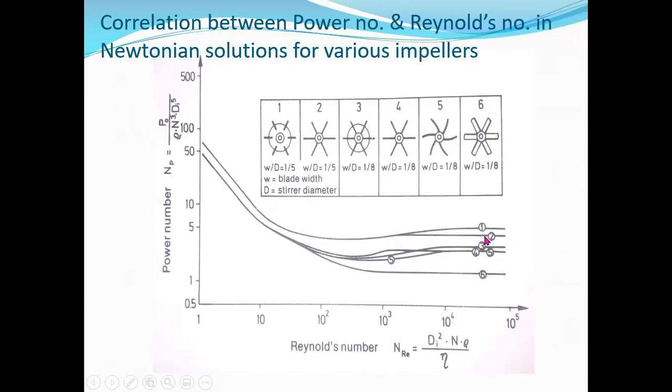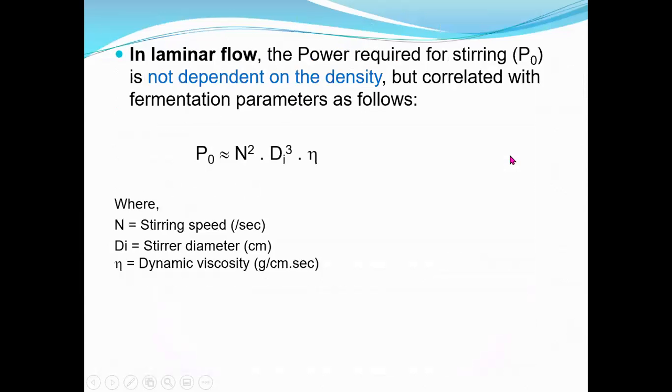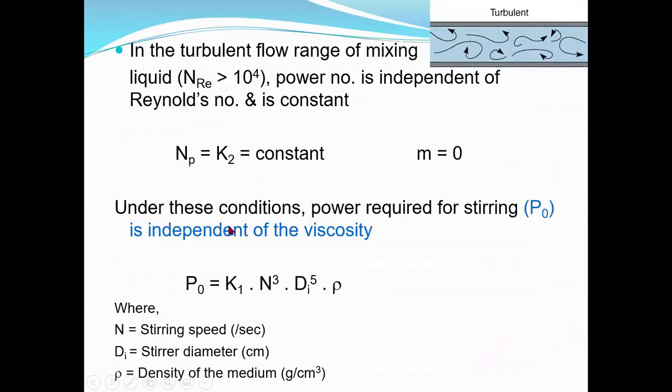The different lines in the graph show the different kinds of impellers used. Under these conditions, the power required for stirring, P0, is independent of viscosity but dependent on the density. So P0 is equal to K1 times N cubed times di raised to the power 5 times rho, which is the density.